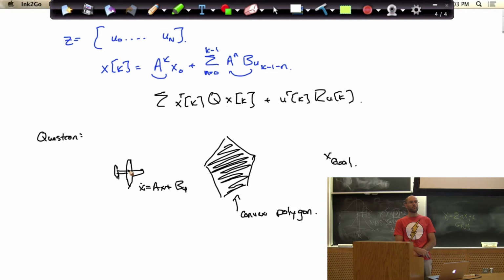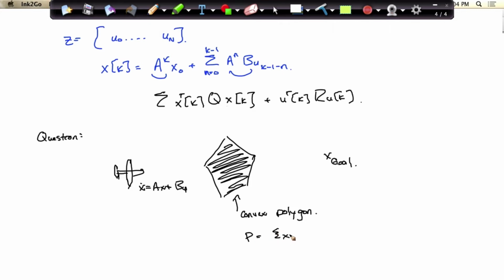What do you think? You want to avoid the obstacle. So I'm going to minimize my actuator input, let's say, and get to the goal. If you want it to be in that polygon, you could write it. Right, exactly. The interior of a polygon you can write down as a set of linear constraints. Each one of these lines is a linear constraint.